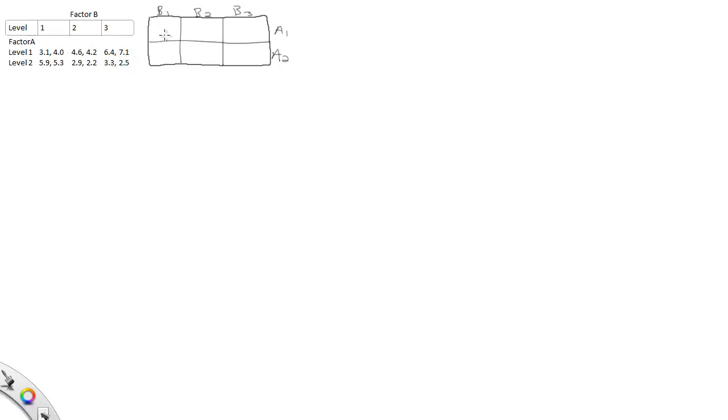Then I'm simply going to list the totals for these and then the means. So we'll do both, actually. Let me put them all in the same table just to be neat. First thing we're going to do is have the totals listed. So if I add up 3.1 and 4.0, of course I get 7.1, correct?